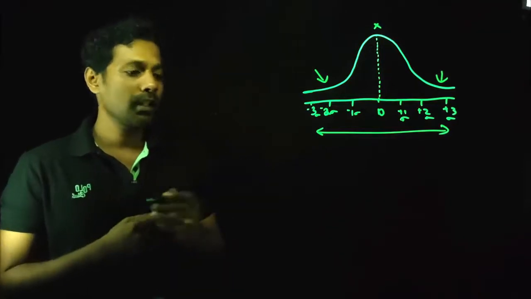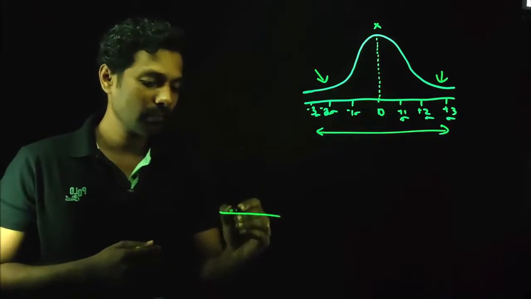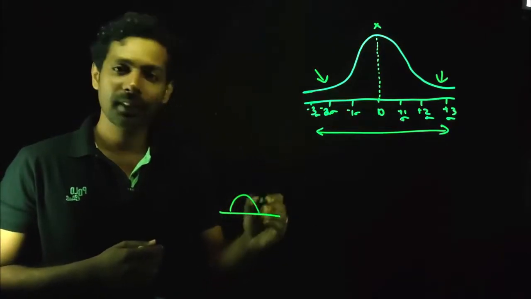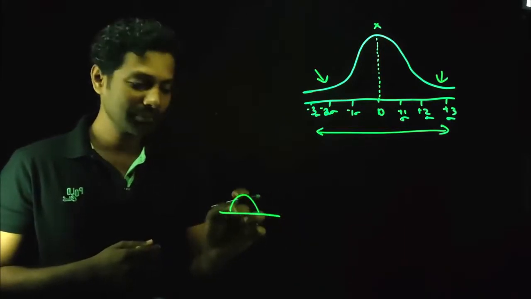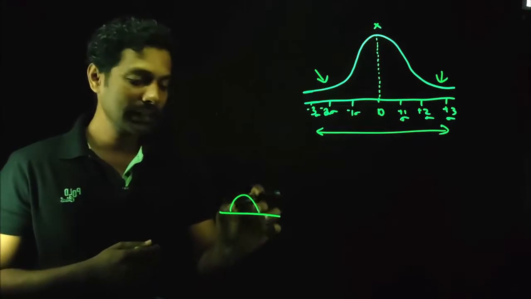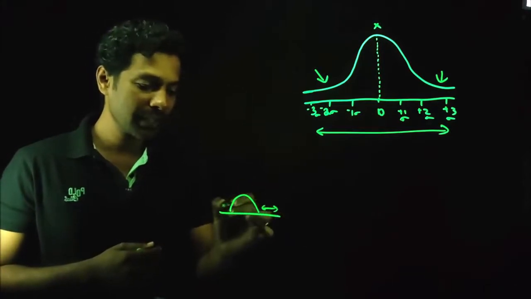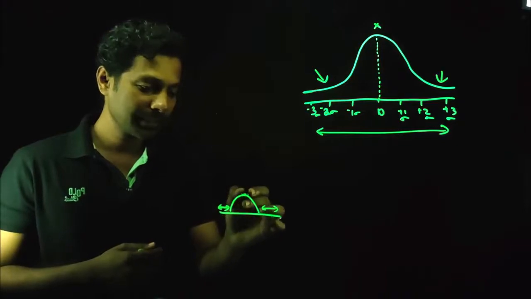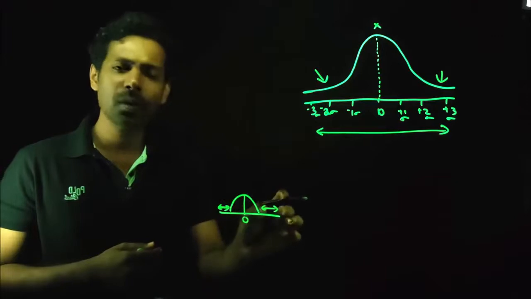For example, if you have a curve like this, there's no tail on both ends. Now nothing is there. So this indicates that there is not much deviation from the center. If you look at this, this is the average point, and the deviation from the center is almost nil.